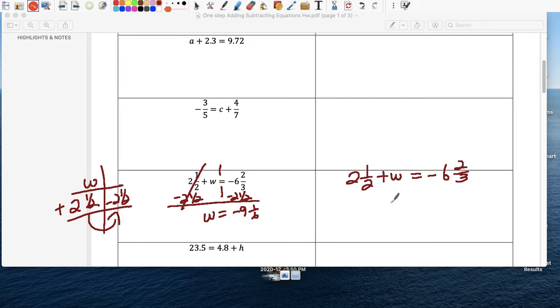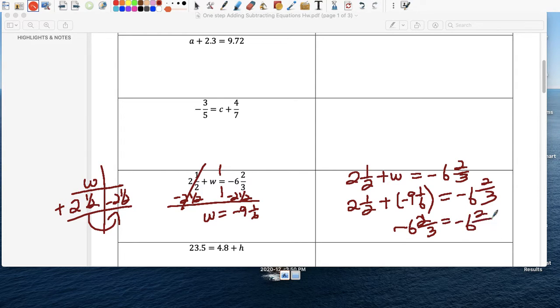So 2.5 plus negative 9 1/6. Does that really give you negative 6 2/3? It definitely looks like it does. Again, you're free to use your calculators to check the calculations.